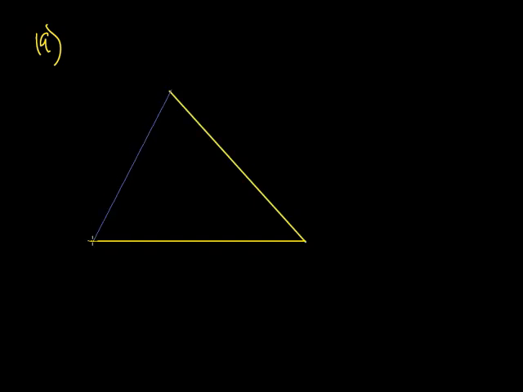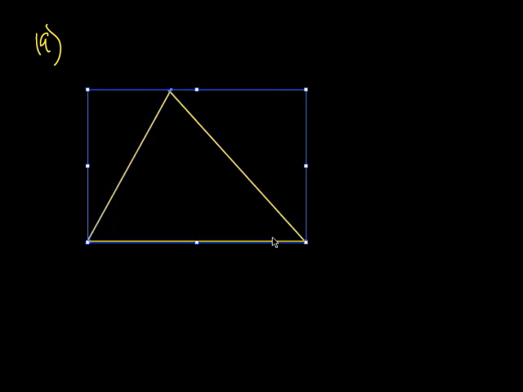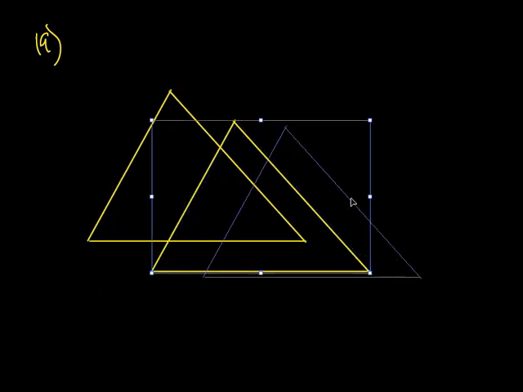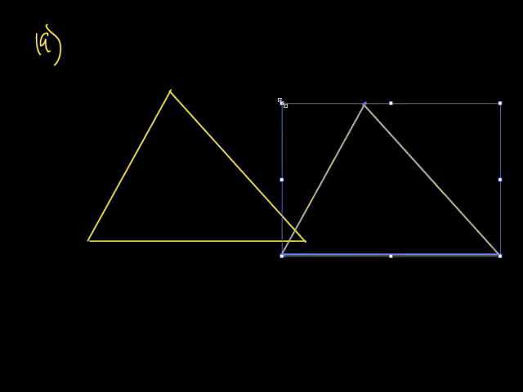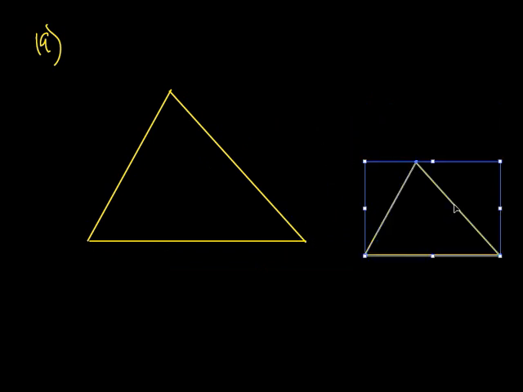Okay, number 19. Let's write 19 right here. You've got two similar triangles again, something like this. Let me copy and paste that, put it over here, and just make it a little smaller, like that.